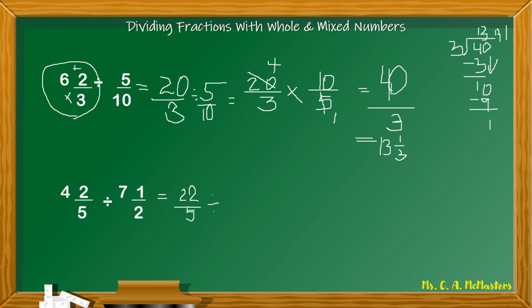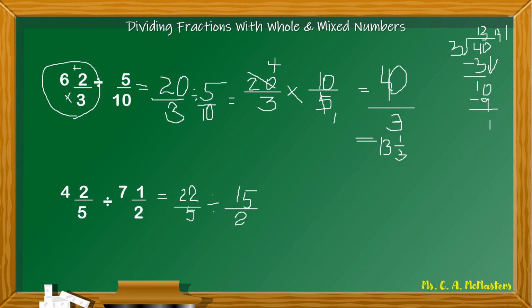Sign is still the same because all we're doing now is our conversions. The second mixed number is 7 1/2, so that's going to be 2 times 7, 14, and 1, 15. And that goes over a denominator of 2.